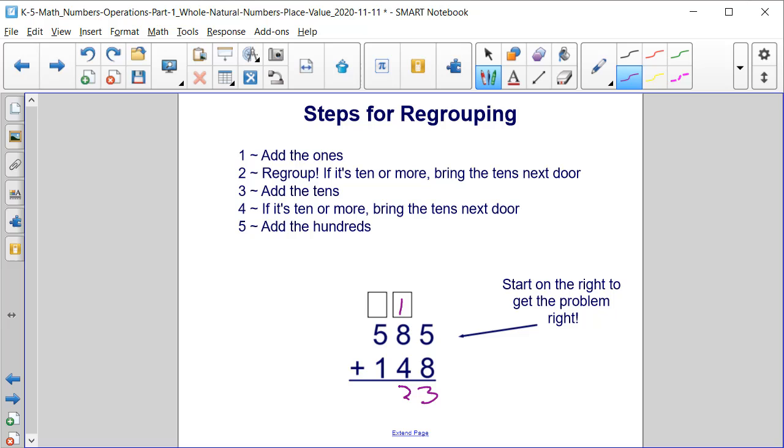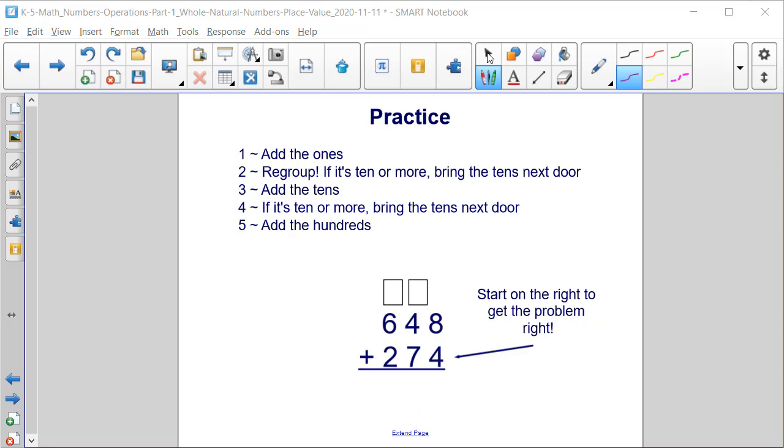So we put the 3 down. If it's 10 or more, bring the 10 next door. So we put that extra 1 up there. And then we have 1 plus 5, which is 6, plus 1 more, which is 7. So the sum of 585 and 148 is 733.